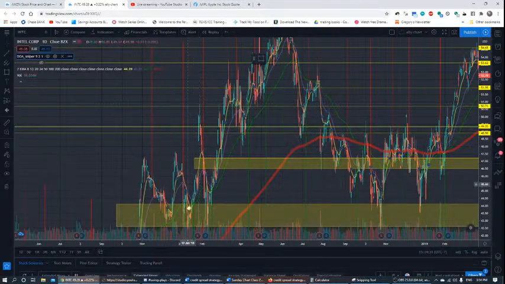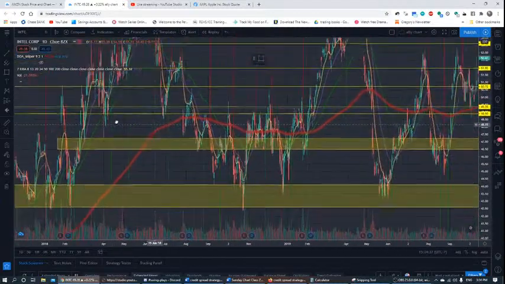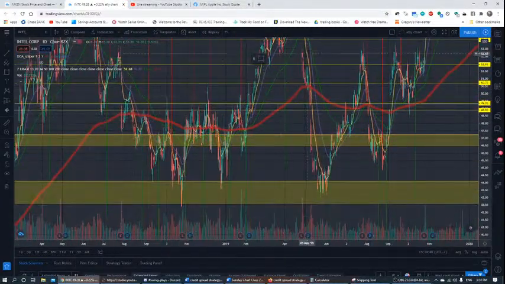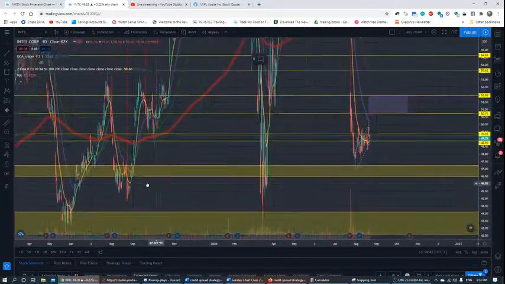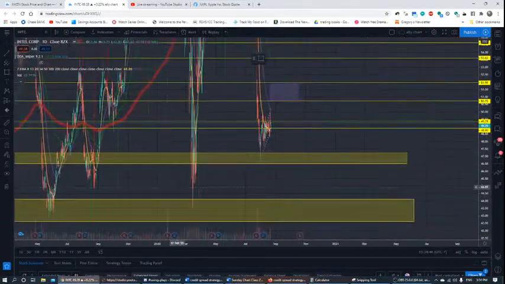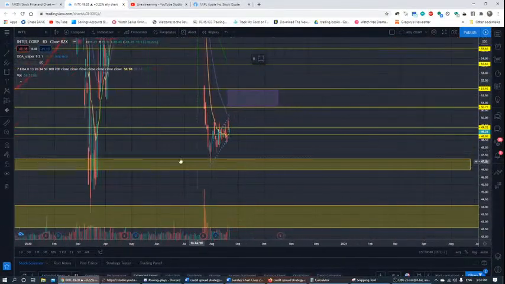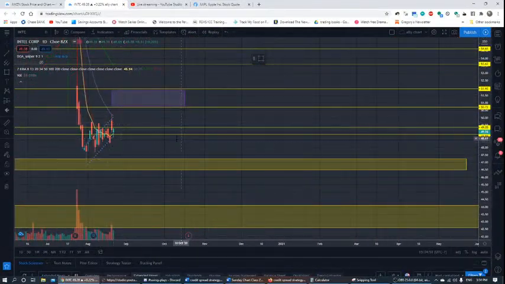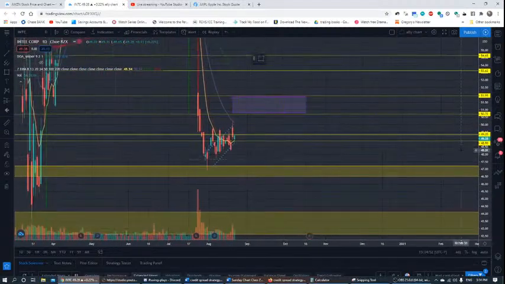So Intel sold off right here, had buyers there, came back up, did the same thing, and it's been oscillating up and down in these areas. So nothing has changed on these charts. You just know that there are going to be buyers in particular areas where they trigger their buy price.